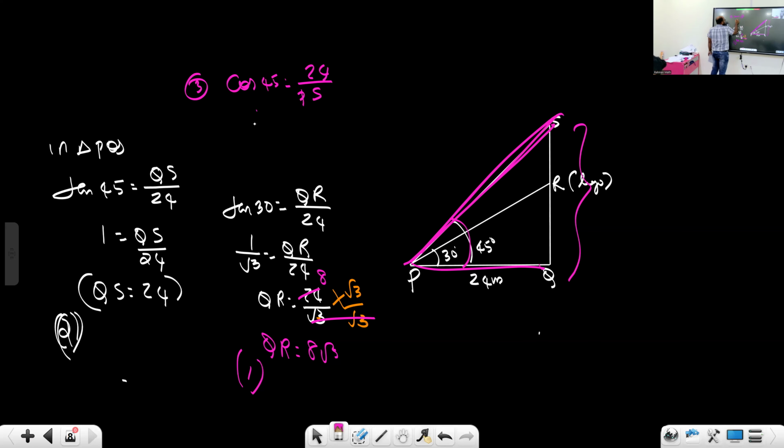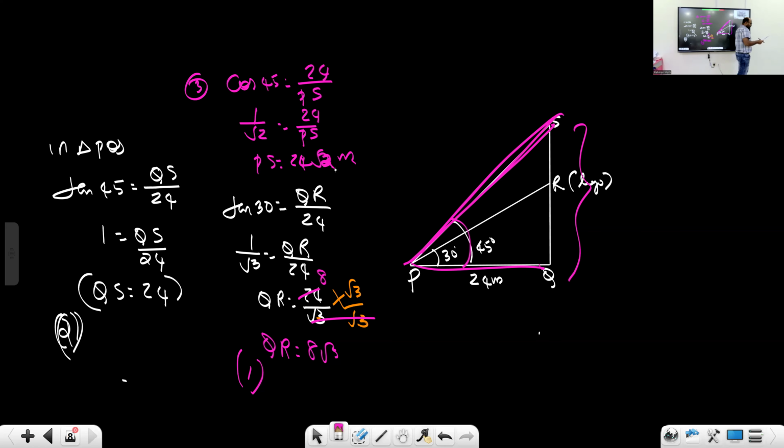What is cos 45? 1 by root 2, so 1 by root 2 equals 24 by PS. So PS equals what? 24 root 2 meter. 24 root 2 meter is the distance from the point P to the top of the building.